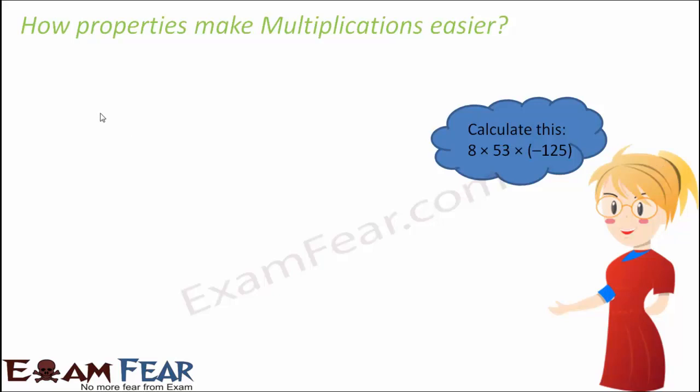So let us now try to solve the same thing making use of properties. Now the question is 8 into 53 into minus 125. Now we do not want to do such big multiplications.